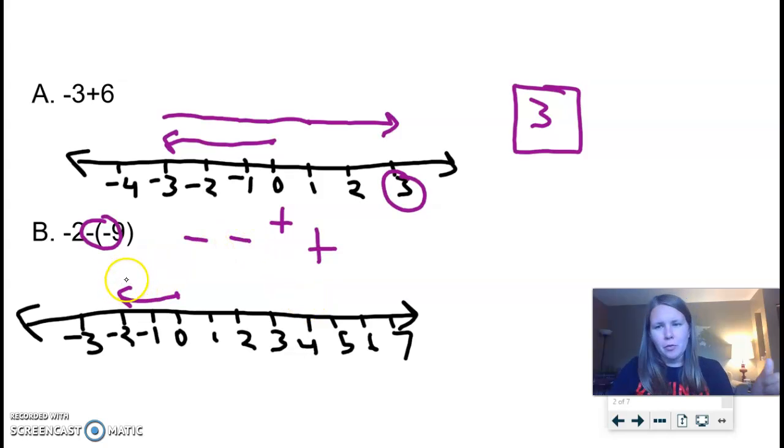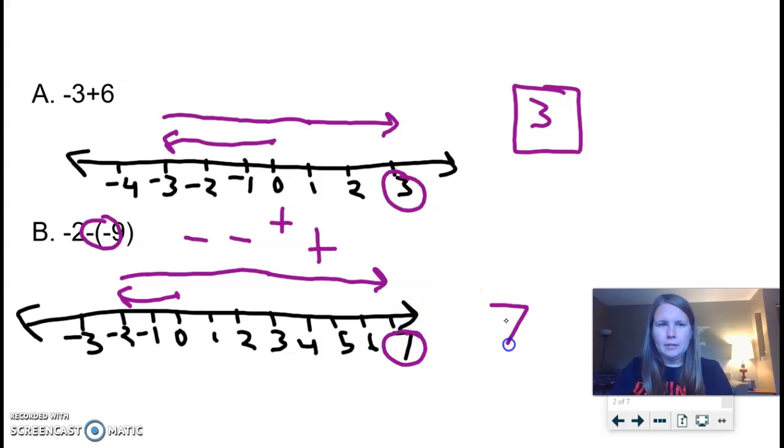So this ends up being adding a positive 9. We move 9 to the right: 1, 2, 3, 4, 5, 6, 7, 8, 9. We end up at 7, so our final solution is 7.